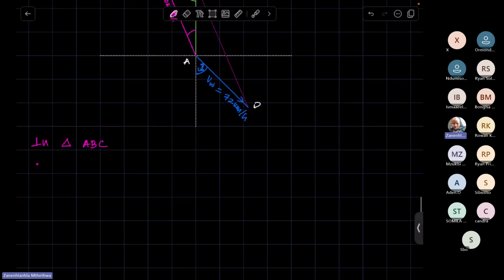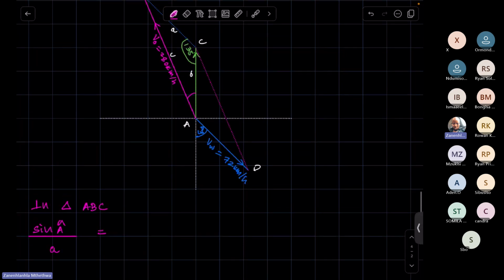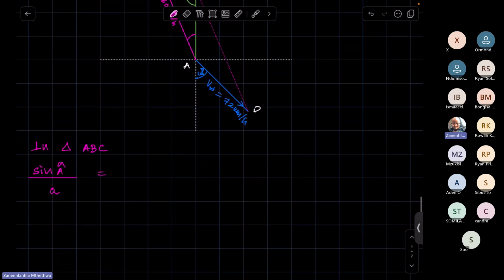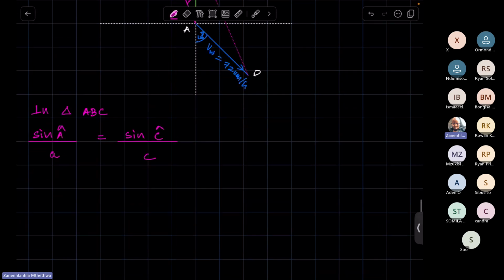So we say sine A divided by side A is equal to sine C divided by side C. We are looking for A here, so you multiply by A both sides.